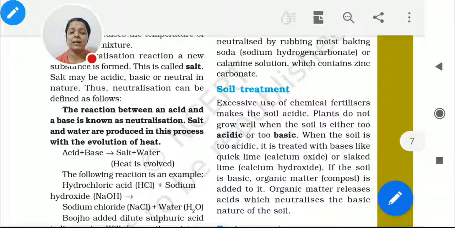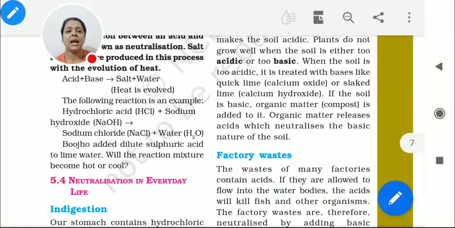If we go for the chemistry level, hydrochloric acid, HCl, which is an acid, and sodium hydroxide, NaOH, when they are mixed and react, we find that it forms NaCl and water, right?